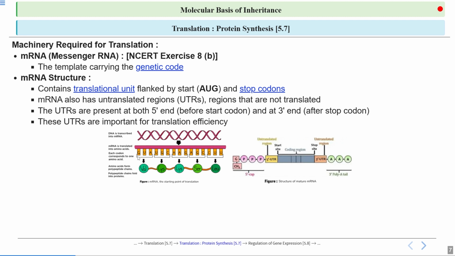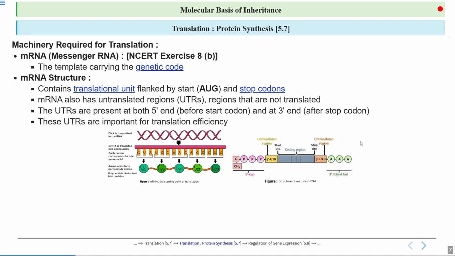Each codon, this triplet, corresponds to one amino acid. These codons code for amino acids. Those amino acids form a polypeptide chain. This polypeptide chain folds into a protein. This is how this whole process takes place.